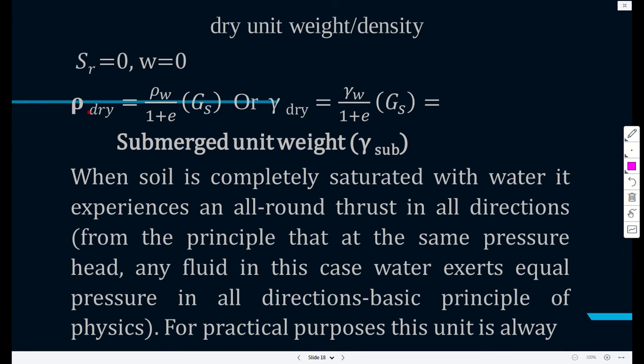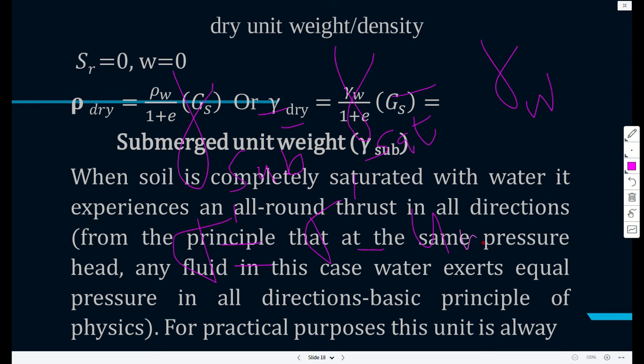So this is the explanation, or the reason, so gamma submerged is gamma saturated minus gamma water. But now remember, we are saying sigma prime, the effective stress, is the total stress minus the pore water pressure.